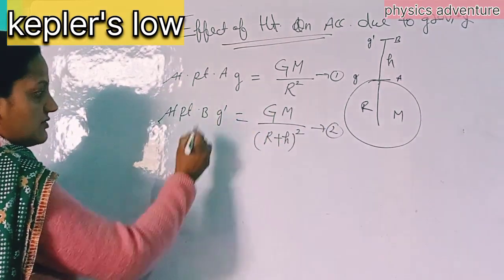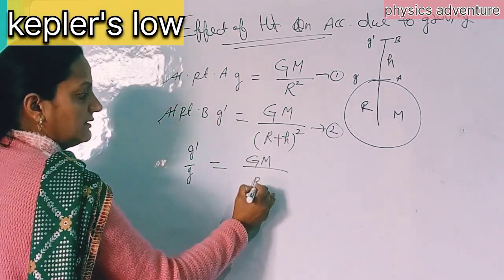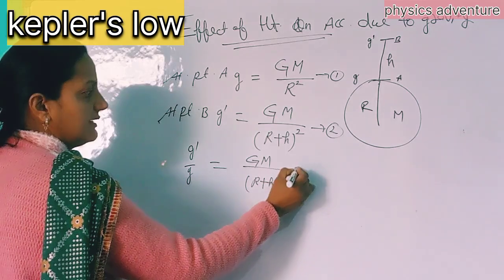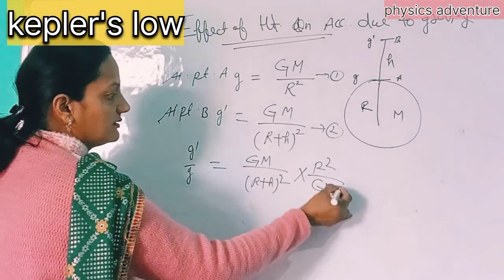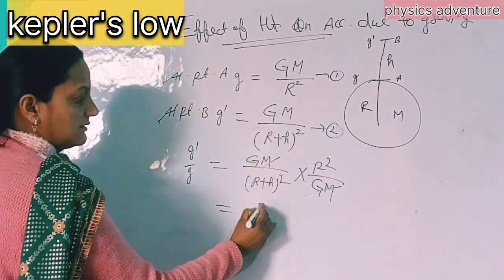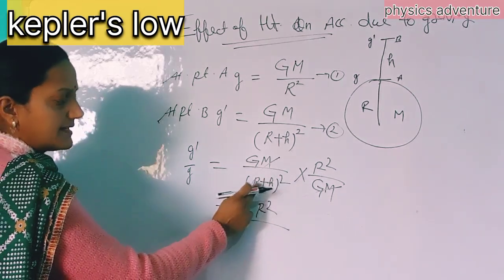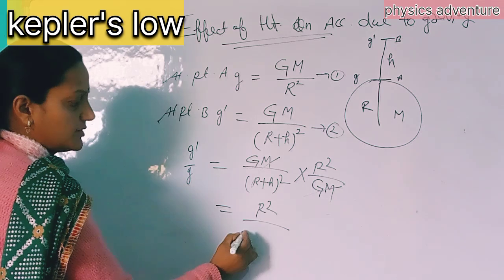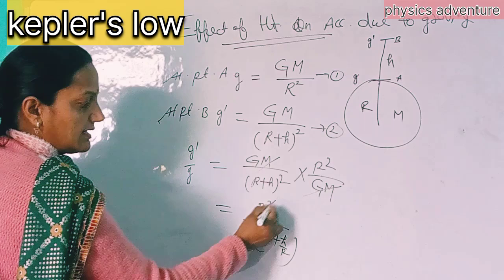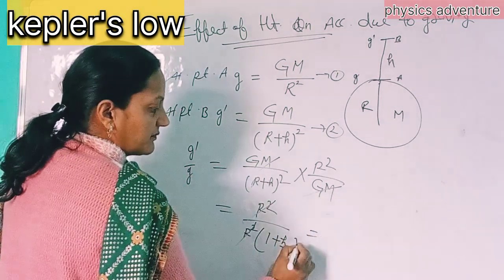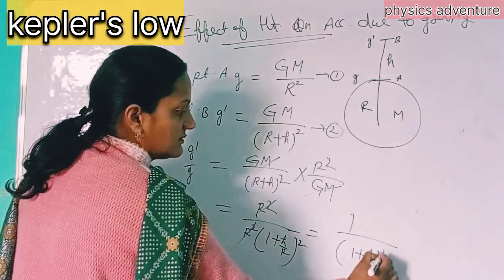Now dividing both equations, g dash by g, we get G m over R plus h whole square, multiplied by R square over G m. G m cancels out. Now take R outside from R plus h and divide by R, we get R square times 1 plus h over R. R square cancels out, leaving 1 over 1 plus h over R whole square.